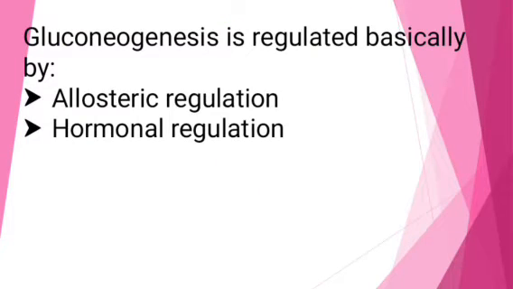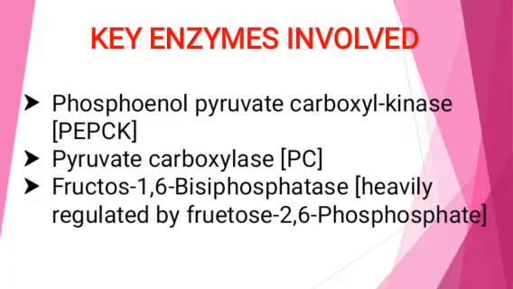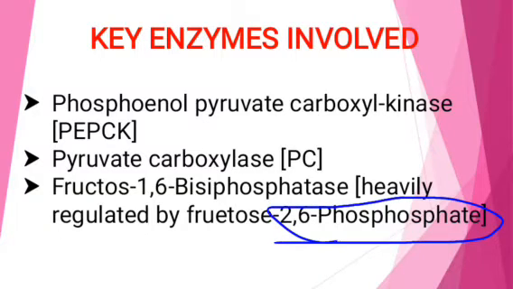Okay, now we are going to look at the regulation of gluconeogenesis. It is regulated by allosteric regulation and hormonal regulation. Key enzymes involved, as said earlier: phosphoenolpyruvate carboxykinase, pyruvate carboxylase, fructose 1,6-bisphosphatase, heavily regulated by fructose 2,6-bisphosphate.